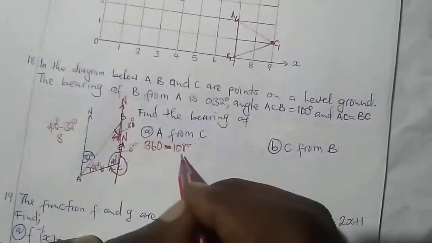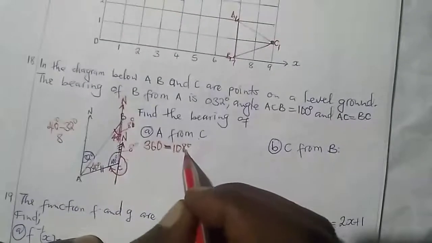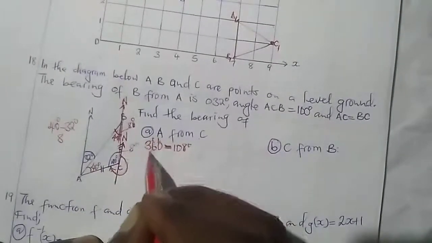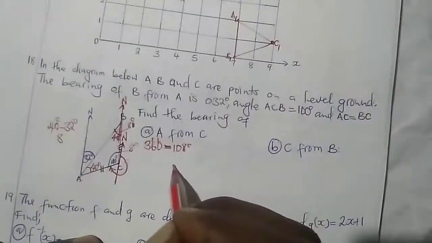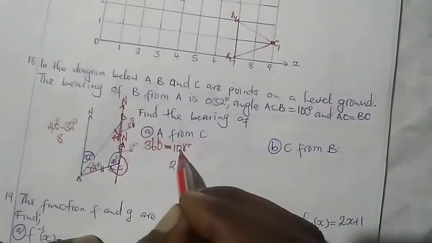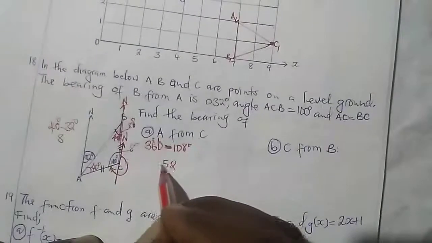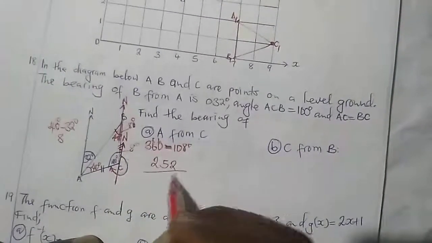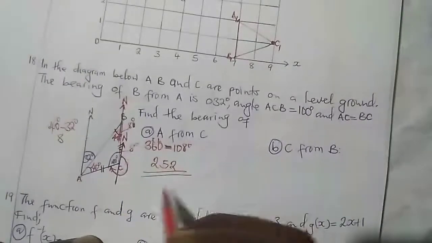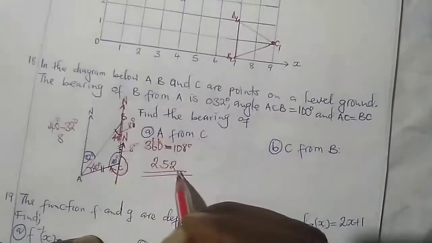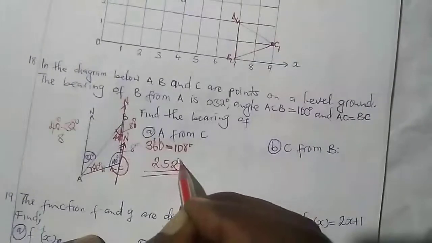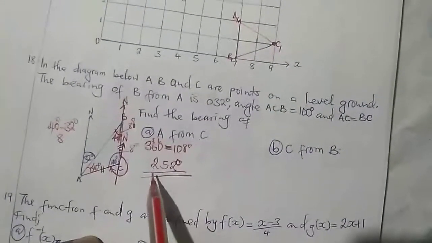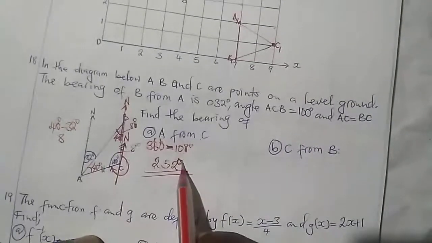Then we find the difference: 360 minus 108 gives us 252. So the value of this bearing is 252 degrees. We shouldn't forget degrees. As a bearing, we can read it as 252 degrees.